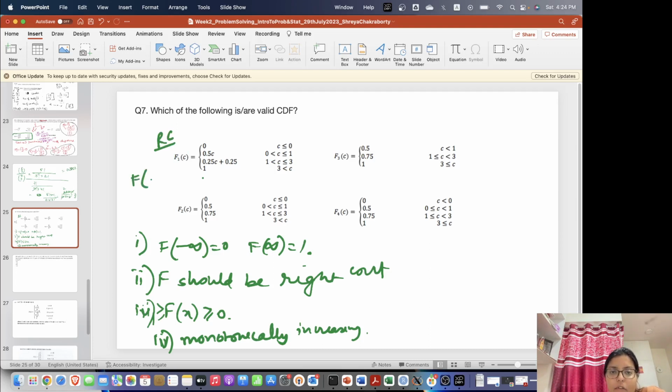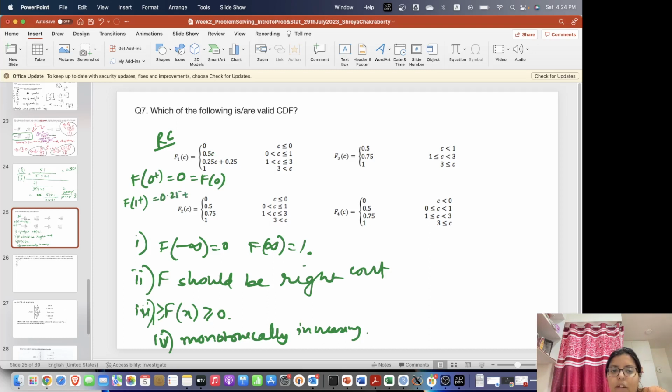So F of 0 plus: if we put 0 here in the value of x, then that is 0, which is equal to F0, because at 0 also the value is 0. Okay, what about the next point? F1 plus, if we substitute the value of x as 1 here, then we have 0.25 plus 0.25, and F1 will be 0.5.